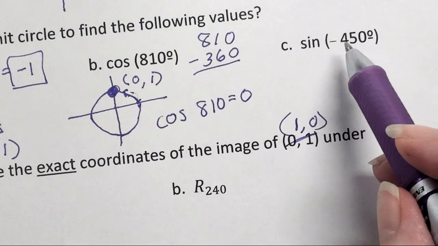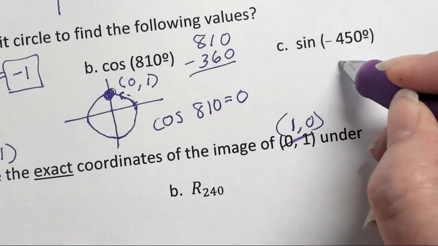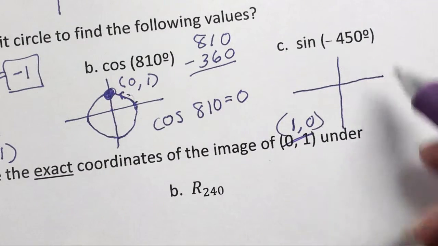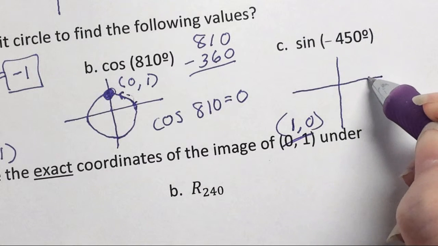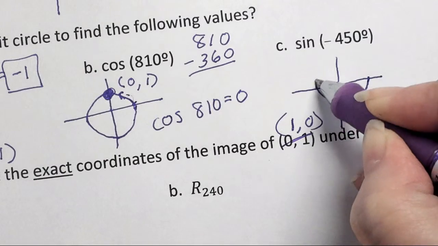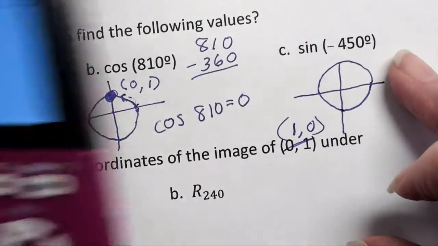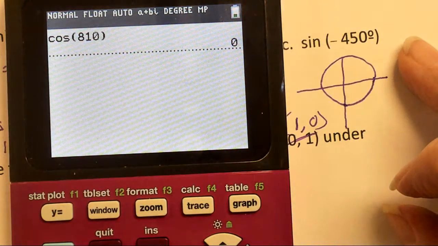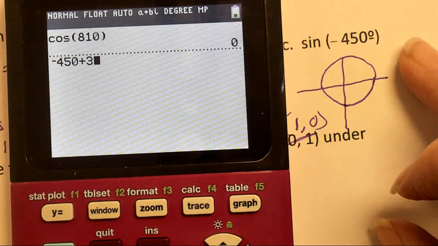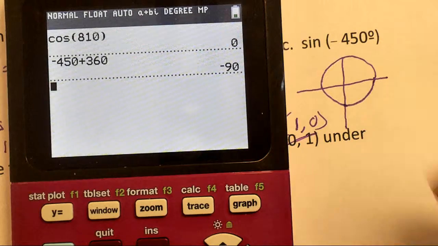Sine of negative 450. It's negative direction, so which way am I going to go? Am I going to go up or down? Down, very good. So this now is my negative 90, and then I'm going to keep going around. What I personally do is I go negative 450, and then I add 360, so it will be going down in value.